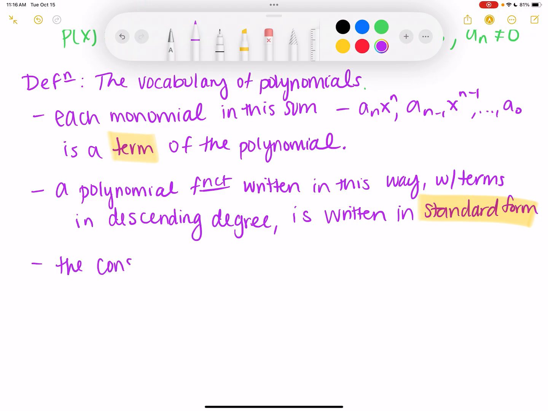The constants a sub n, a sub n minus 1, through a sub 0 are the coefficients of the polynomial.